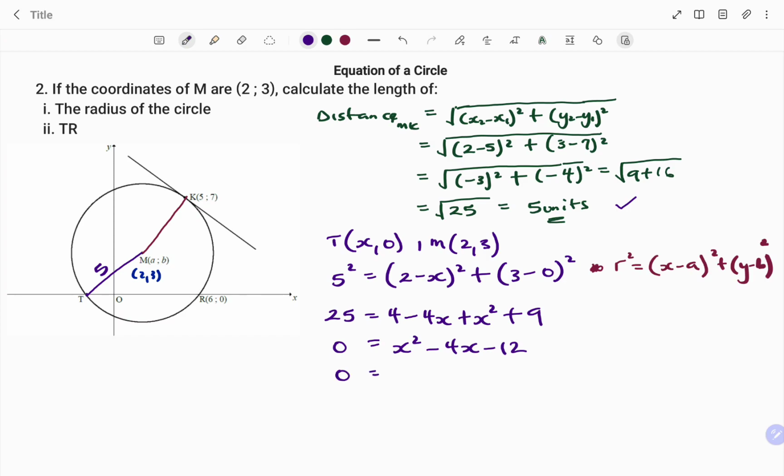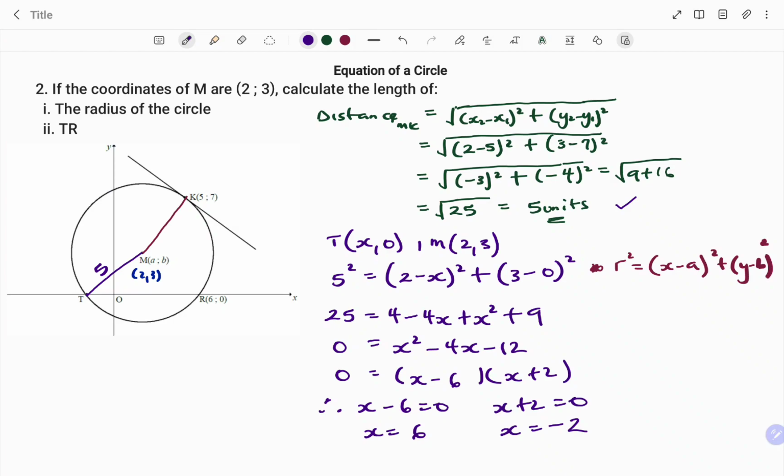And if I factorize what I have, I have (x minus 6)(x plus 2). So therefore, x minus 6 equals 0, x equals 6, or x plus 2 equals 0, x equals negative 2. Note that you can see that T lies on the negative side of our x-axis, so the coordinate of T will be (negative 2, 0).